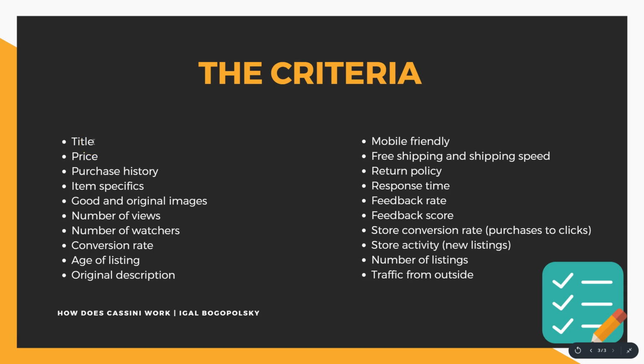So if before, let's say, you would sell a pair of New Balance shoes, some of you maybe would find it smart to also include "not Nike" or "not Puma." That way people searching for something else, let's say Puma shoes, would see your item and maybe change their mind and actually buy your New Balance shoes.